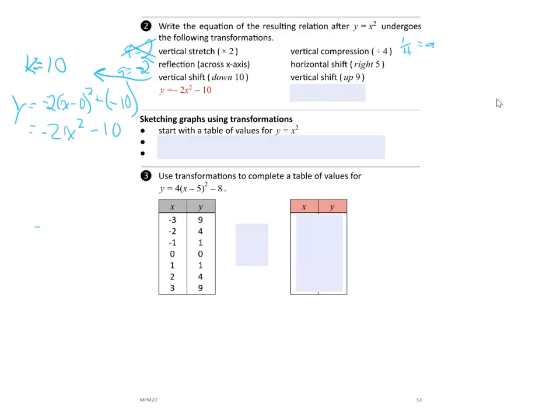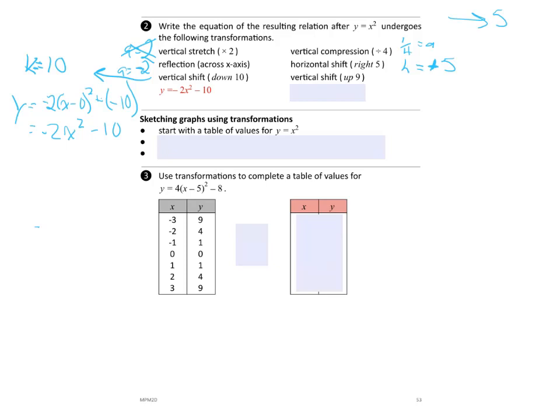A horizontal shift right 5 units, which tells me something's happening with h. If it's going right 5 units, that means x is going to be positive 5. Here's where things get a little bit confusing. It depends on the formula you use. I'm going to say h is positive 5 because it's going to shift right 5 units.